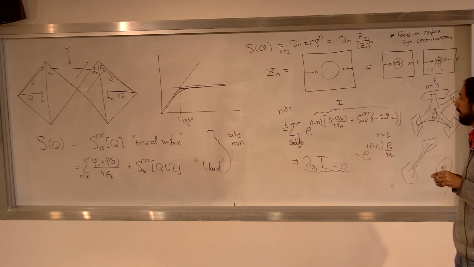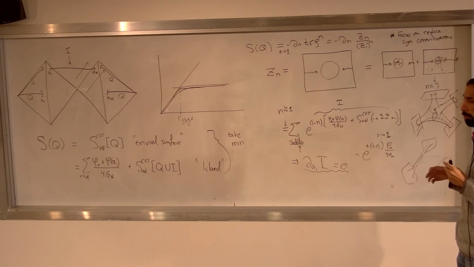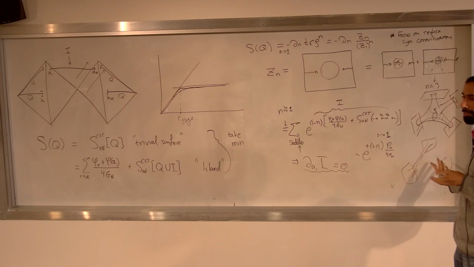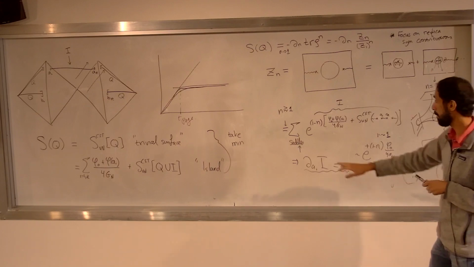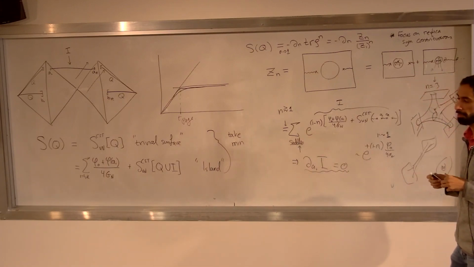It's an order of limits kind of issue, but the more careful statement is that you should take into account the non-replica symmetric configurations, and that would break that degeneracy. Can they come with negative signs with respect to this contribution? Overall sign? No, I don't think so.